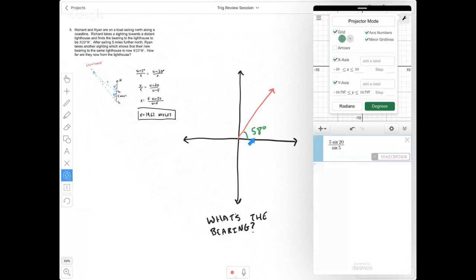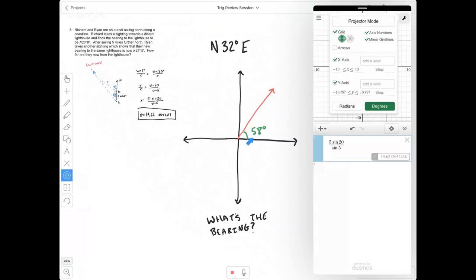If you saw that this was 58 degrees, the convention for bearings that is used in our textbook is that this would be north, and then I need to know how many degrees away from north, so that would be 32 degrees. My bad. North 32 degrees towards the east.